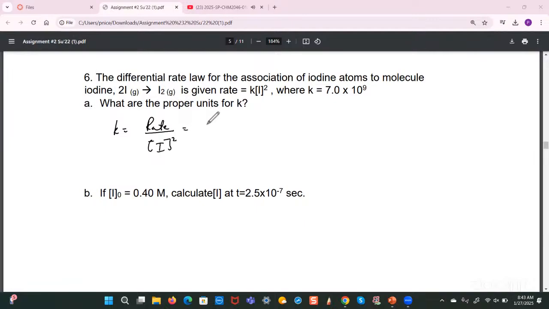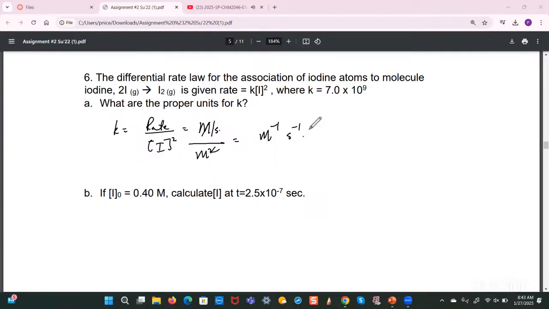Assuming the rate is given in M over s, which they didn't tell you, they probably should have, the rate unit is M over s divided by I squared, which is M squared in terms of units. Then the answer is M to the minus 1, s to the minus 1. So that's the answer for the A part.